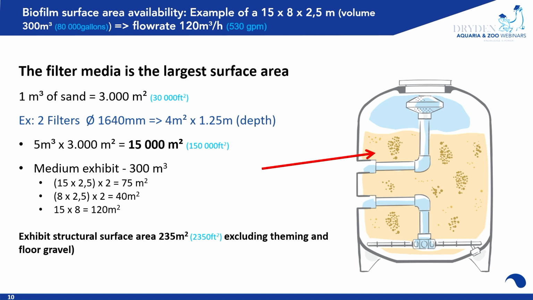If we relate that into the media required in that filter, that's 5 cubic meters of media times the 3,000 square meters, which gives you a surface area of 15,000 square meters that can be colonized by bacteria. That is in the filter alone.